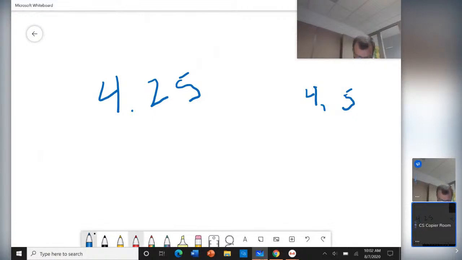What we want to look at is the number to the right. It's 2. 2 is less than 5, so it's going to stay the same. So if we round this, it's going to be 4. That number right here tells us it's less than 5, so it's going to stay the same. It's going to be 4.